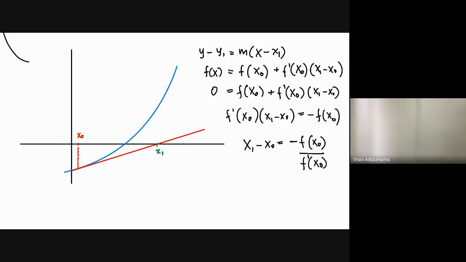So let me give you this note. So this is the roots. We need to find these roots. That's the idea. How to find?